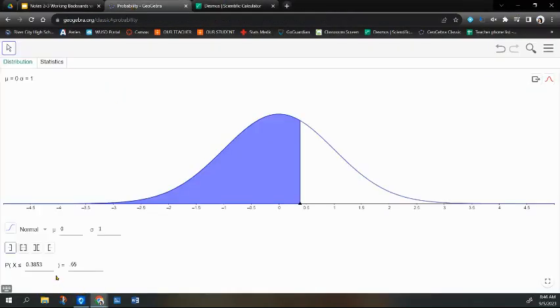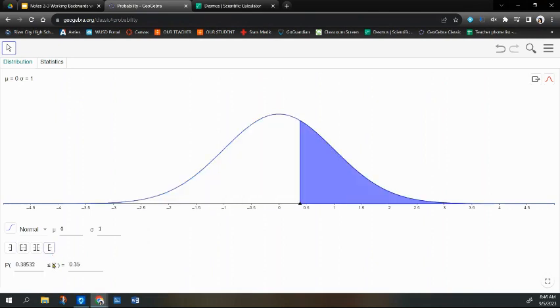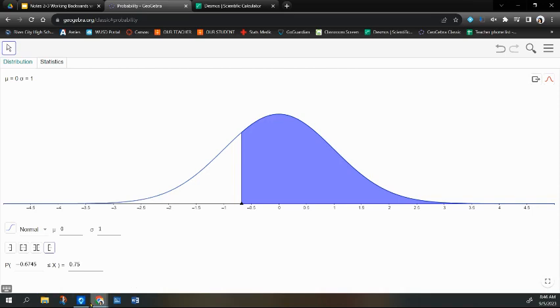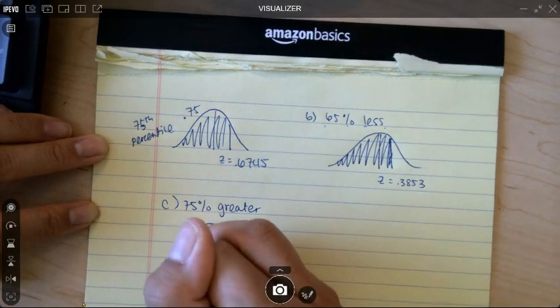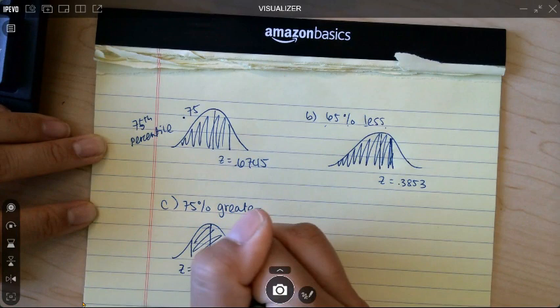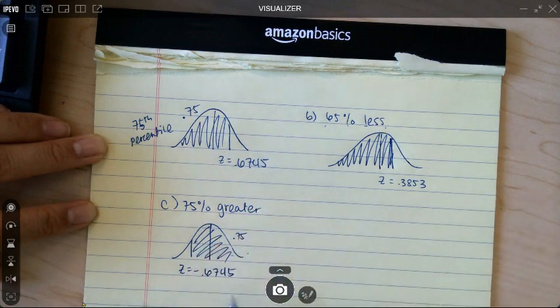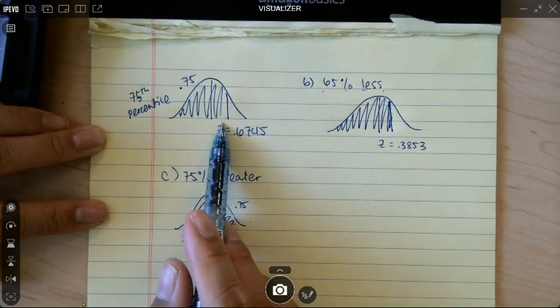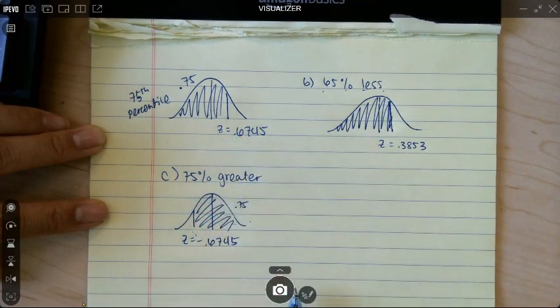Now in our calculator, we change to the area to the right, and we want that area to be 0.75. That gives me negative 0.6745. As we can see here, on the left-hand side our z-scores are negative, and on the right-hand side of our line our z-scores are positive.